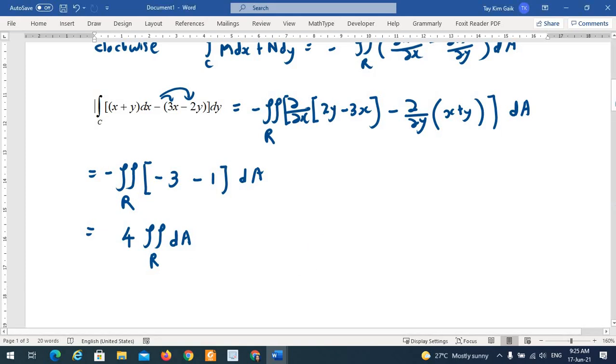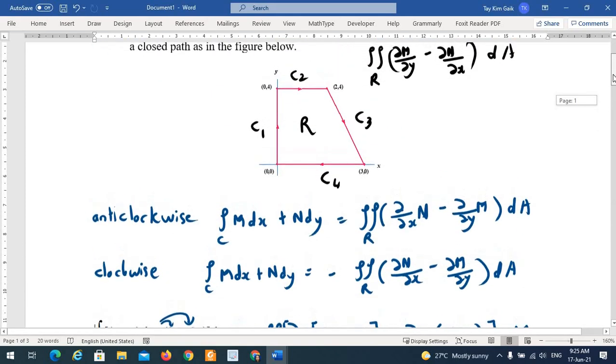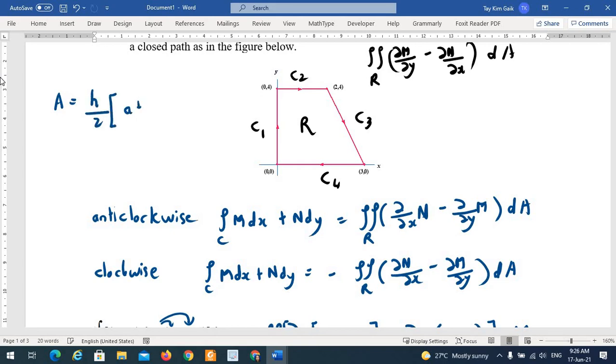So the region R here is actually a trapezium. Can you still remember the formula for the area of the trapezium? H over 2, and then A plus B, where let's say A is the length of the top and B is the length at the bottom. H is the height.